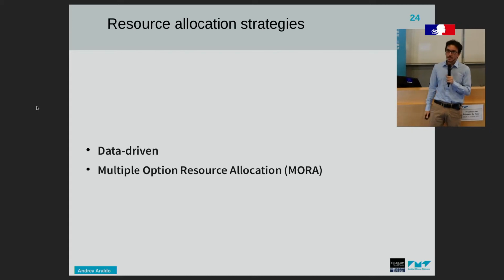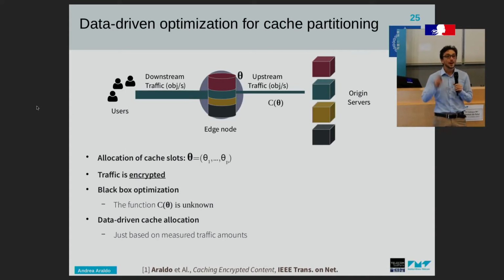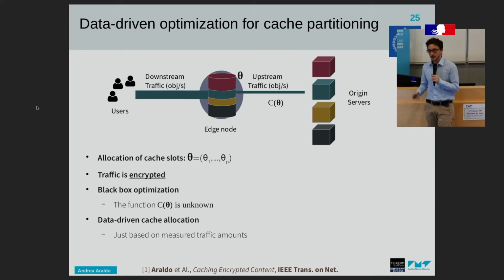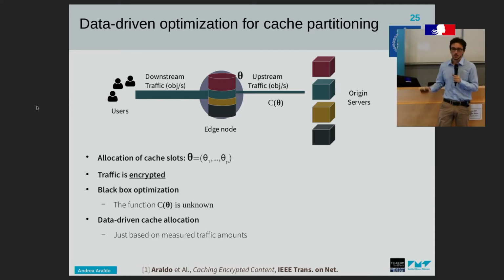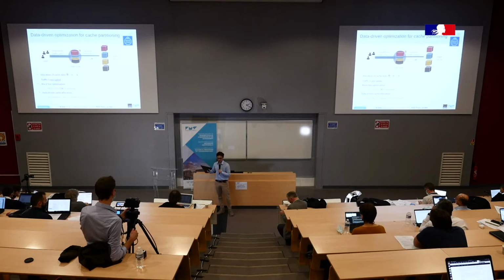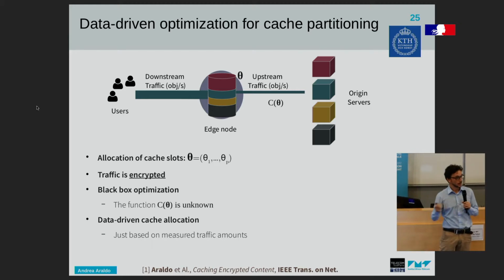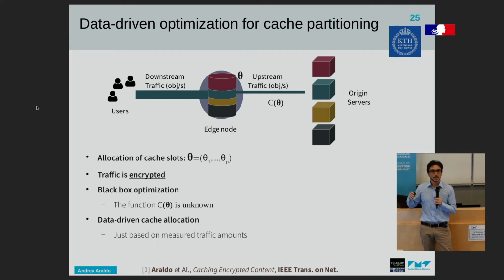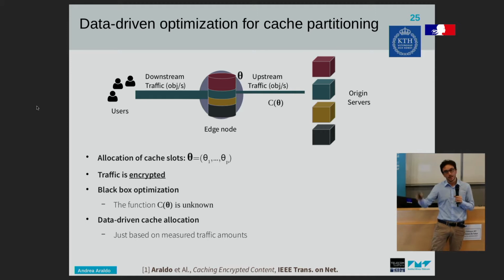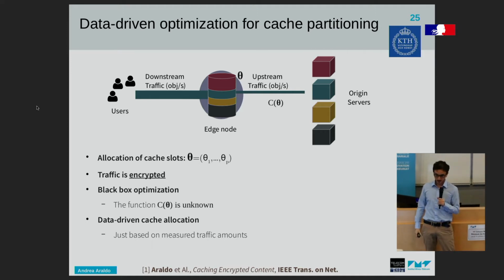So for simplicity, let's focus on one resource only, storage. On the one side, we have users that request content. And then we have storage deployed at the edge, so we can do caching. We assume the network operator can partition this cache in different segments and give each segment to service providers like Netflix, YouTube, and let them decide what to store in their allocated segment.